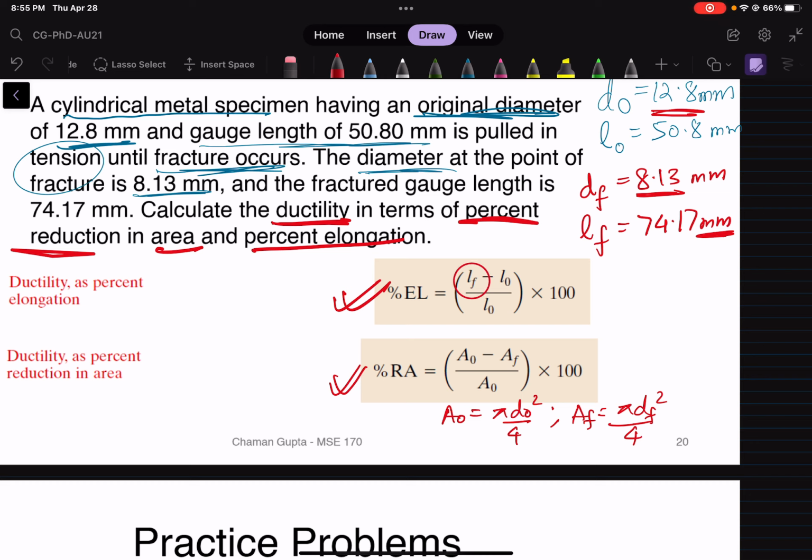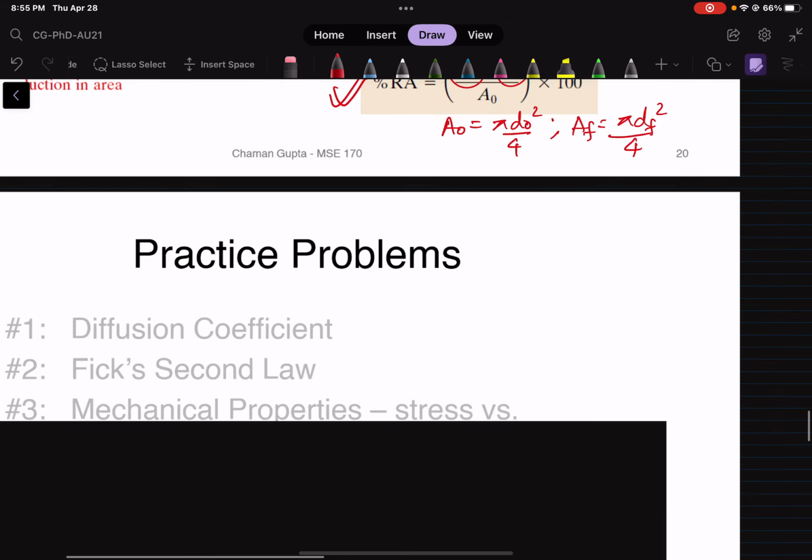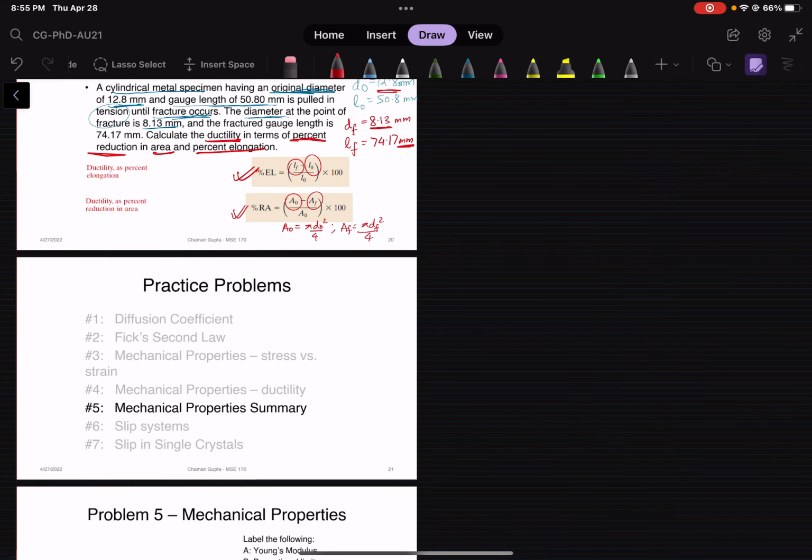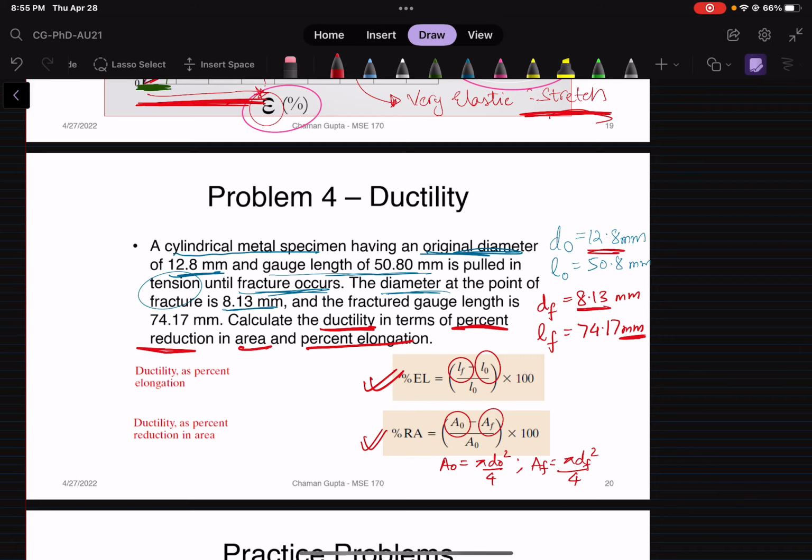And again, L F is 74.17, L naught is 50.8. Similarly, A naught is given by pi D naught squared by 4, where D naught is 12.8 millimeters. And A F is pi D F squared over 4, where D F is given to you as 8.13. So if you do the math, you can get some values, and I leave that to you to practice at home.